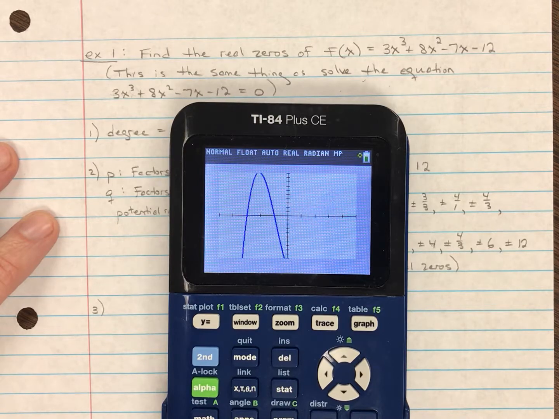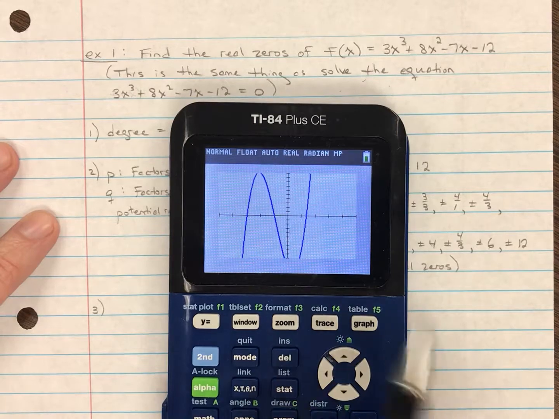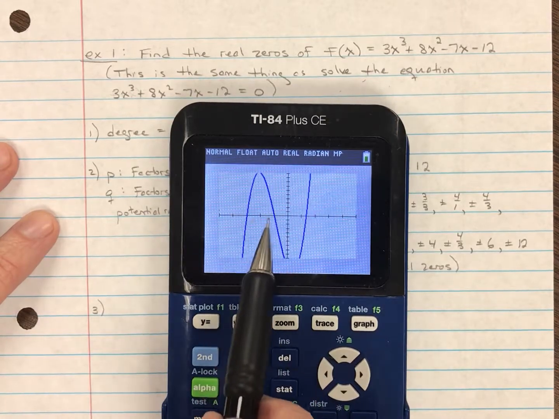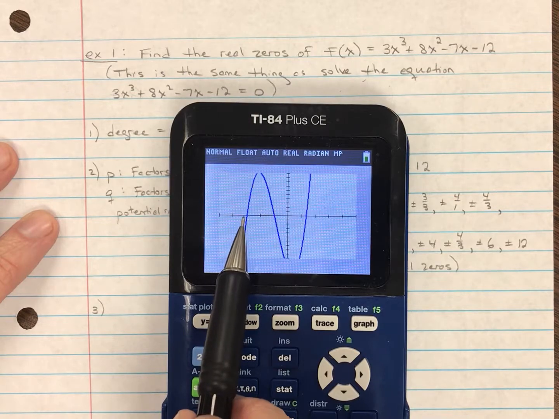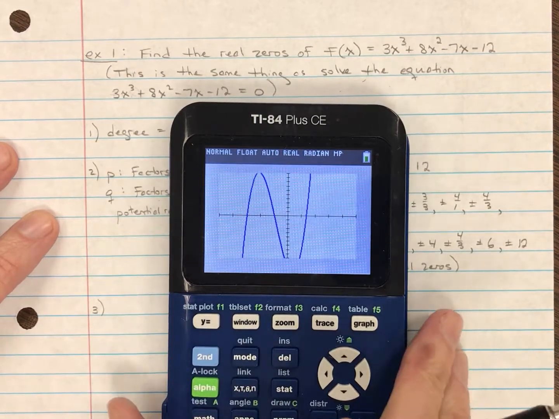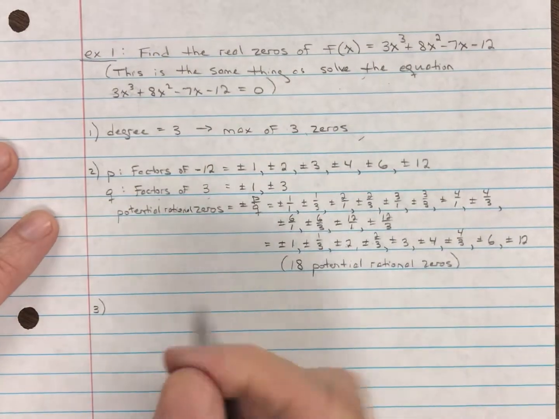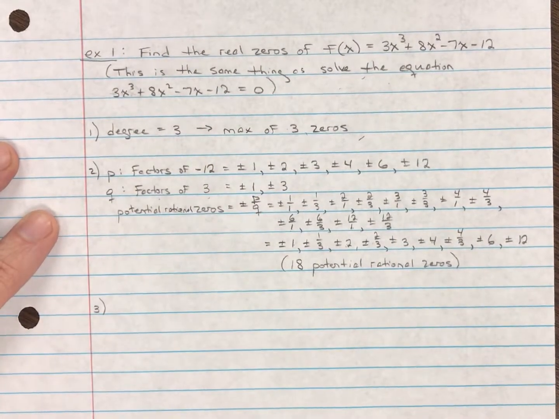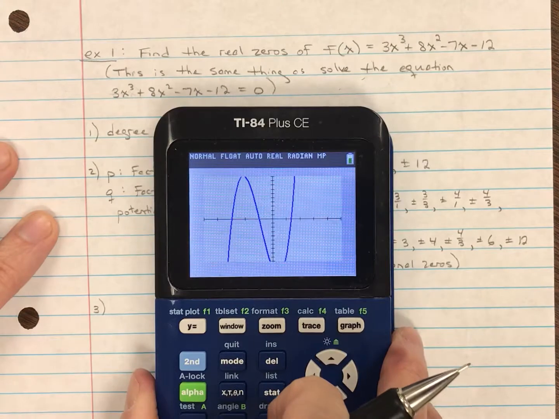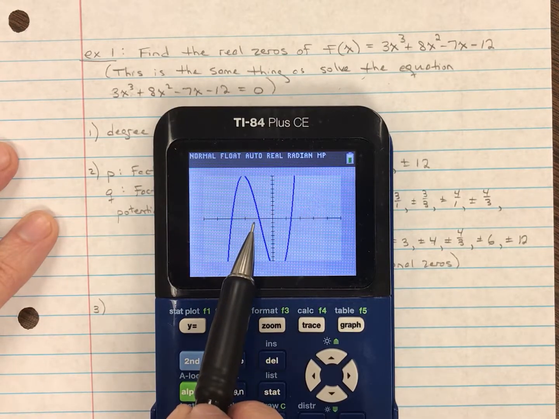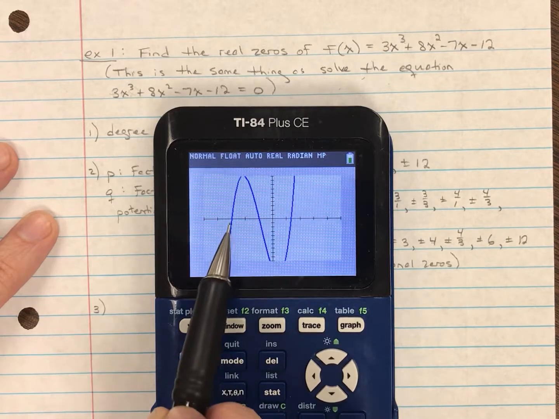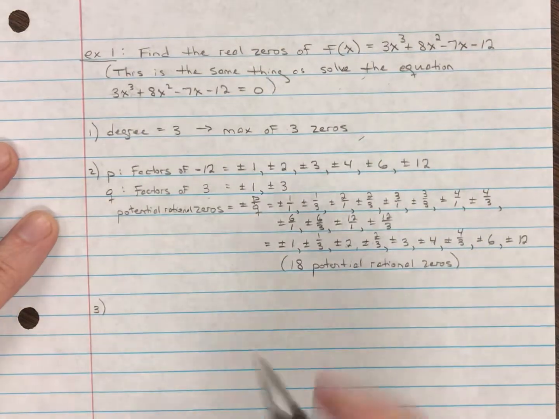Okay. It looks pretty clear. I'll start on the left side. It looks like negative 3 is a potential rational zero right there from my graph. You'll notice it looks like negative 1 is also a potential rational zero. I'm going to use negative 3.